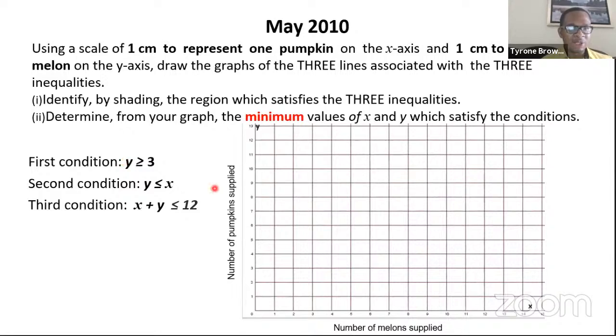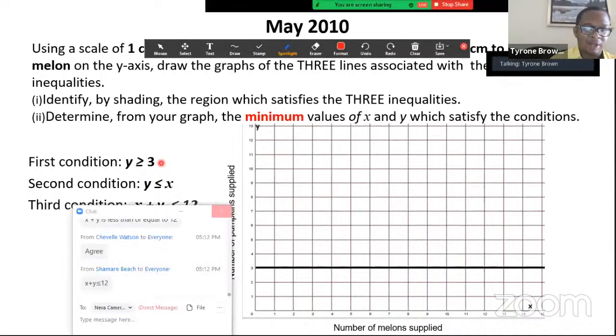So we know that the line Y is equal to 3 is a horizontal line intersecting the Y axis at 3. So we can just put that in.